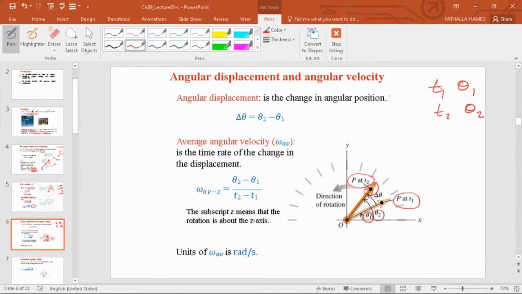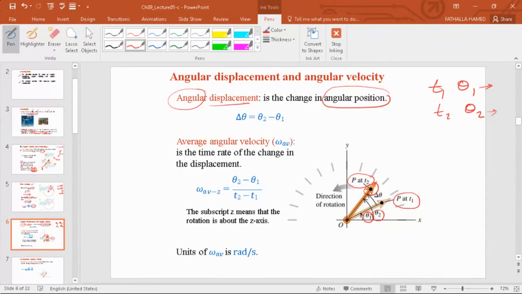So actually, what you're measuring is angular position, and this angular position is measured in units of radians. At T1, you are at angular position theta 1, and at T2, you are at angular position theta 2. Like what we did in chapter number 2 when we talked about linear displacement, we're going to say angular displacement here.